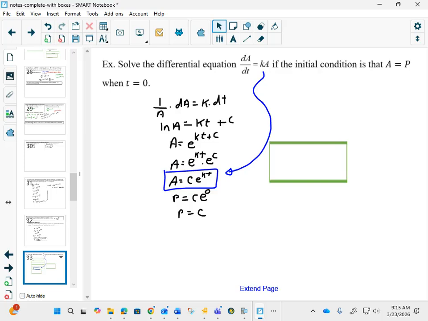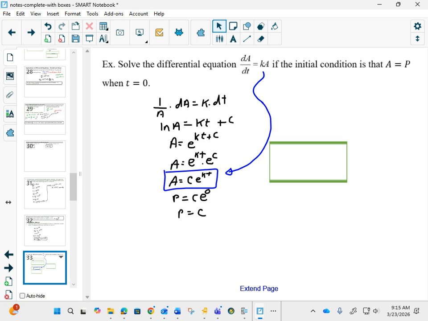Problematic when you forget what it is you can go directly to. So if you forget that, well, you can use separation and integrate both sides separately and rearrange. But once we get this, this is really nice because C is your initial value.